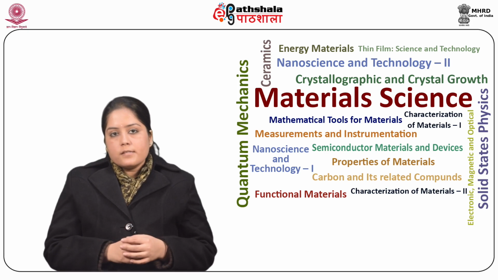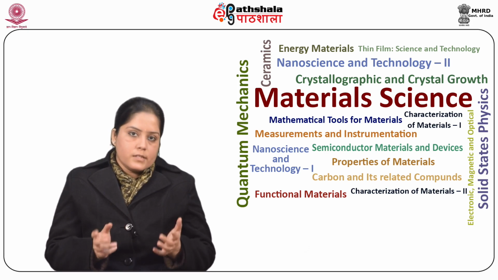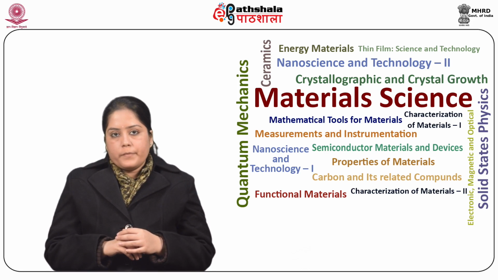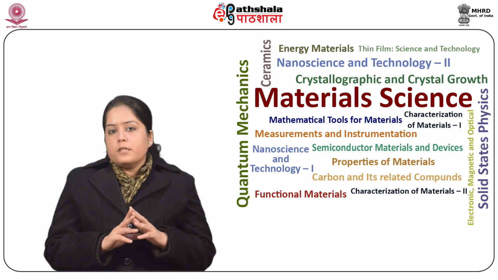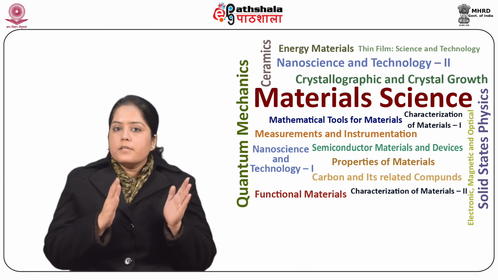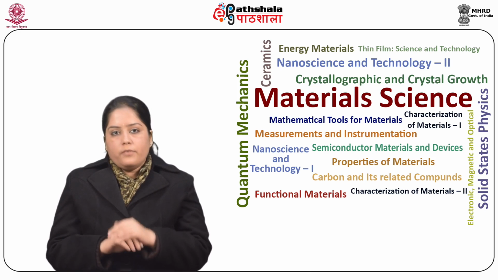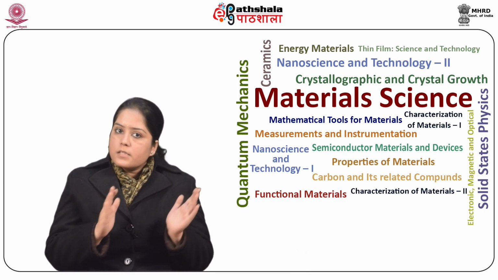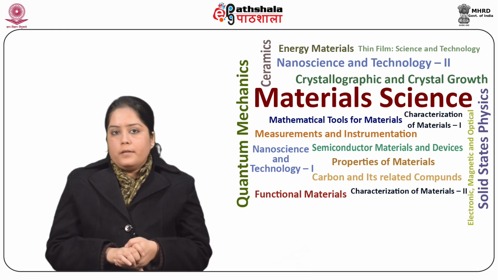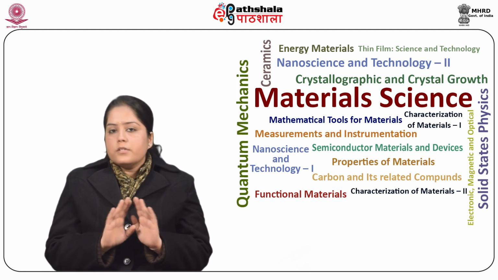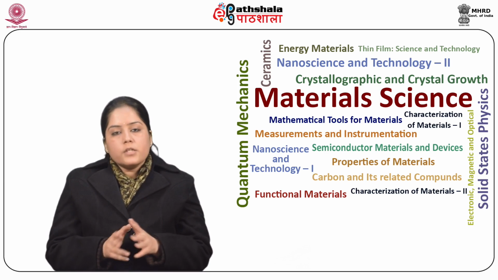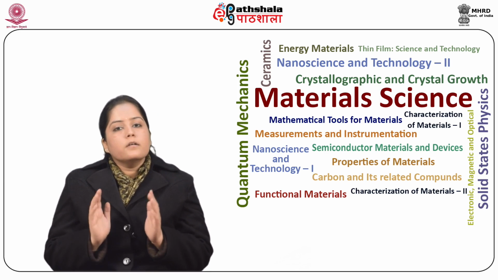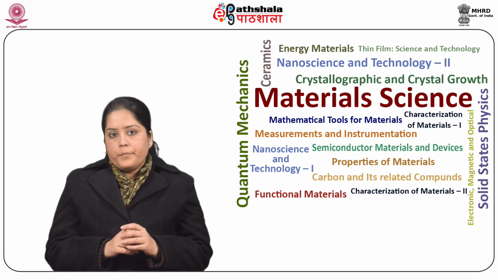Now let's discuss single crystalline and polycrystalline materials. In crystalline materials where the periodic arrangement of atoms is perfect and can be extended through the specimen without any interruption, such crystalline materials are known as single crystal materials.